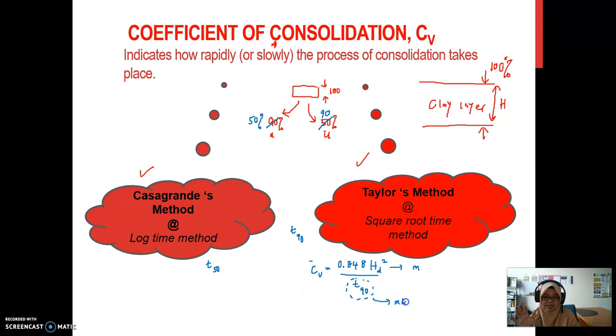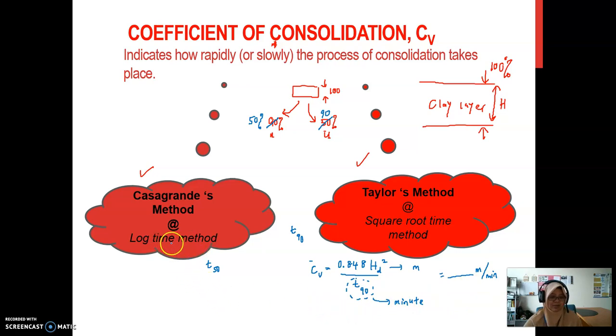Usually the graph for the C sub V is plotted sometimes in meters, sometimes in millimeters, but usually the time is in minutes. So you can obtain the C sub V in meters or millimeters, depending on your results, per minute or per second. It also depends on the time that you use to plot the graph.